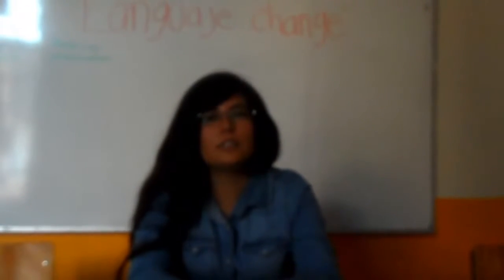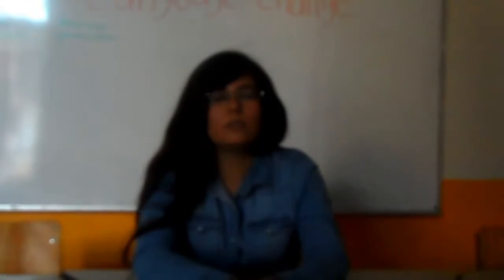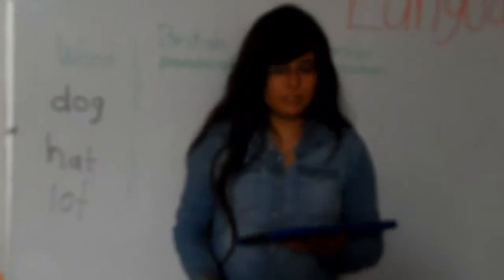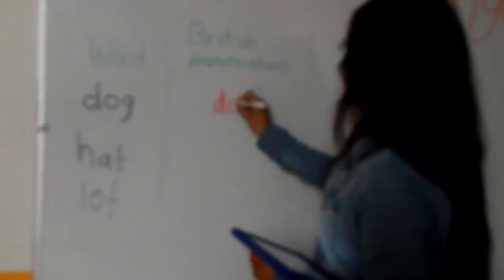Now we are going to present you some differences between British pronunciation and American pronunciation. Well, the first difference is that the British O is similar to the O in Spanish, even though in American English it sounds like a long A. The first word is dog. The British pronunciation is dog, but the American pronunciation is dog. Our second word is hat.